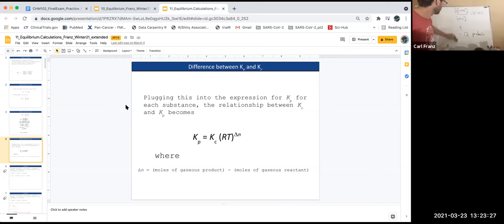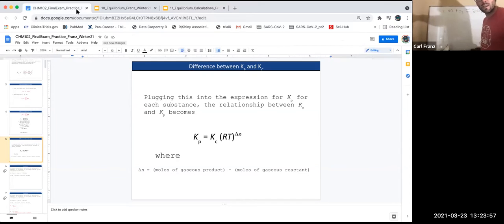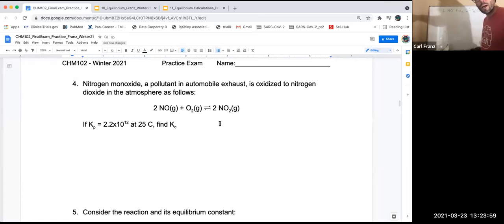All right. So let's write that reaction out. We have nitrogen monoxide plus O2 goes to nitrogen dioxide, 2, right? Is that what it was? Yeah. Okay.